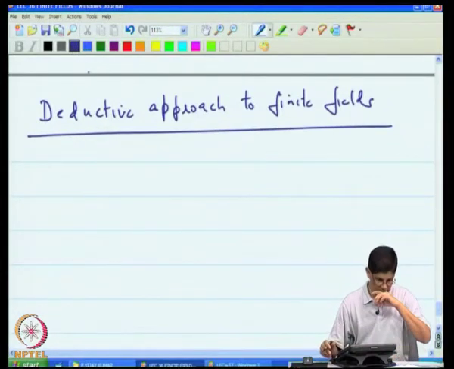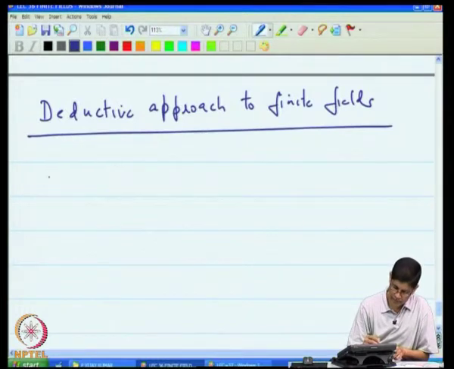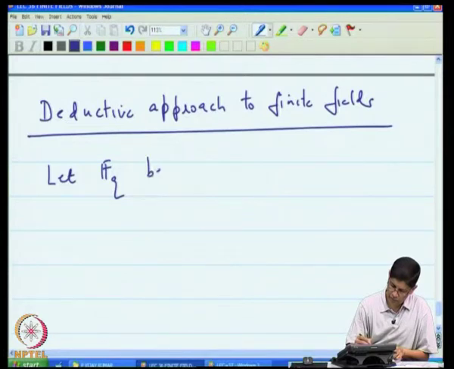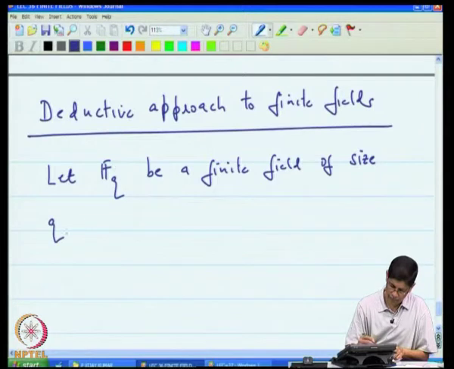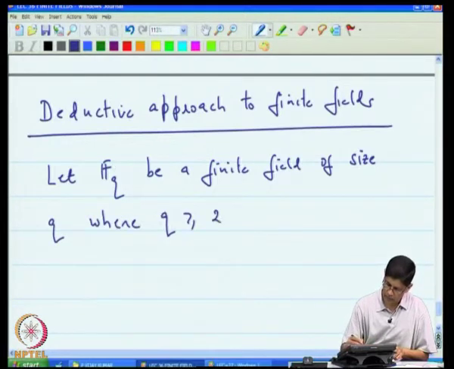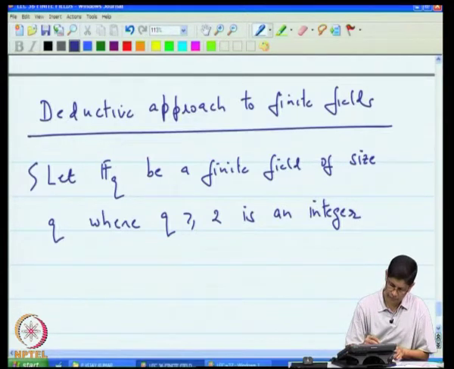So, our starting point is here: let Fq be a finite field of size q, where q greater than or equal to 2 is an integer.